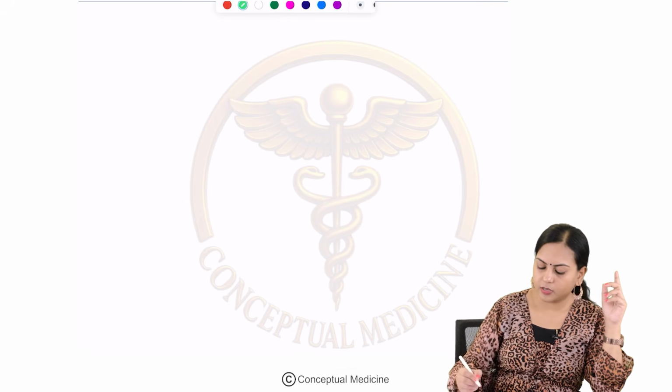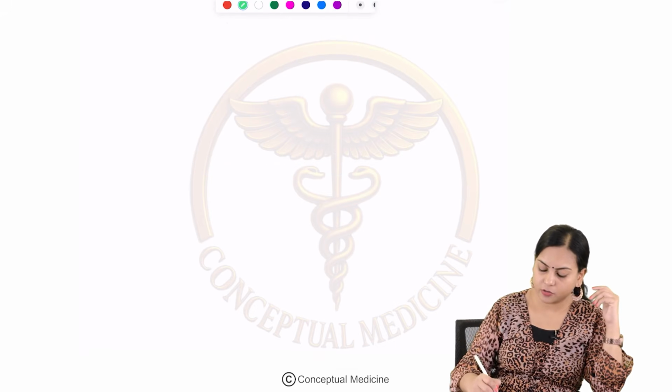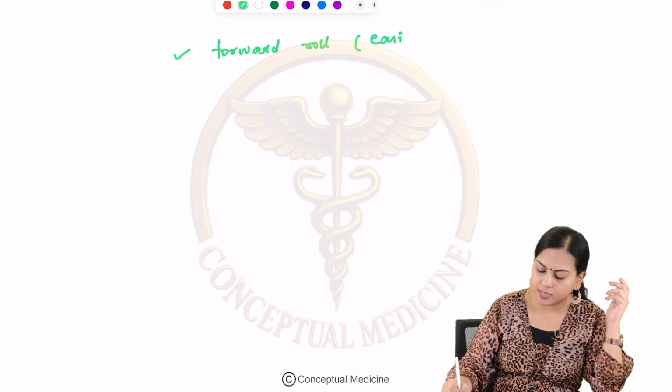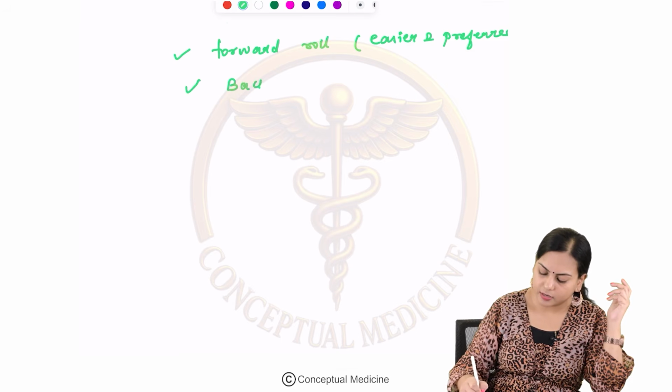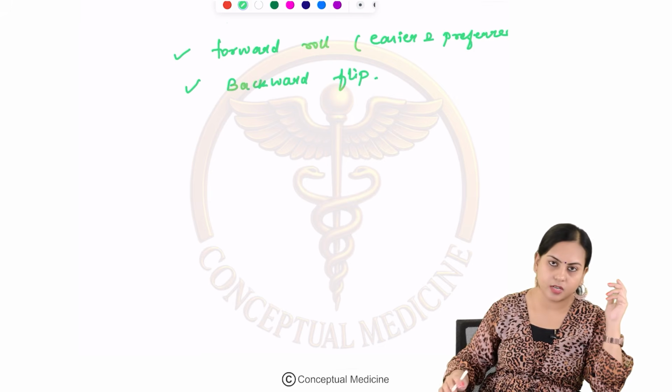While doing this manipulation, we can adopt either a forward roll or a backward flip. The forward roll of the fetus is easier and preferred, and then we can even try a backward flip also. Clear?